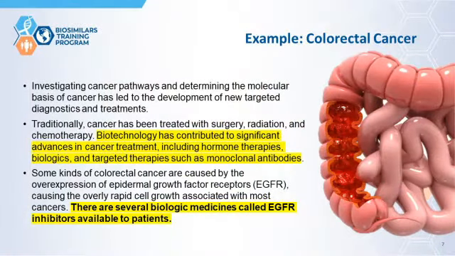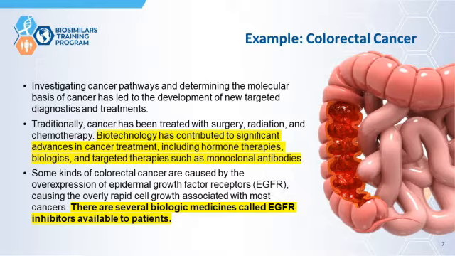Cancer is a good example of a condition that's a devastating diagnosis, and treatment in the past has been associated with really challenging therapies, including surgery, radiation, and chemotherapy. But because of the development and understanding of the cancer pathways and the determining factors that result in cancer developing, biotechnology has allowed us to identify cancer treatments that can modify the progression of this disease more effectively than surgery, radiation, and chemotherapy.